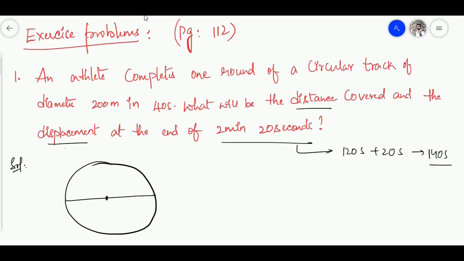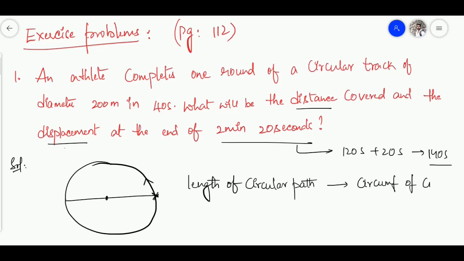Now let's say this guy started running here in this direction. Let's find the distance first. Before finding the distance, let's find the length of the whole circular path. That is nothing but the circumference of the circle.